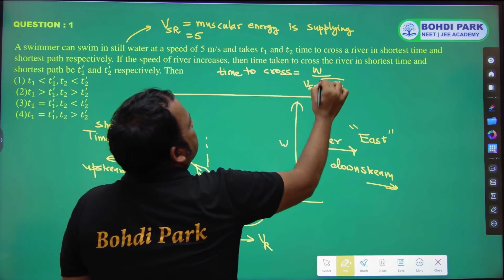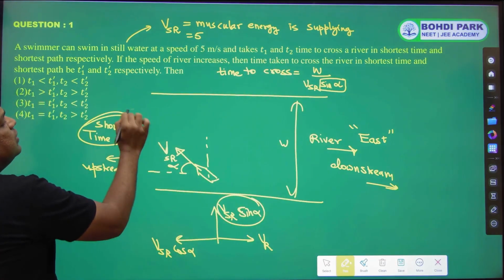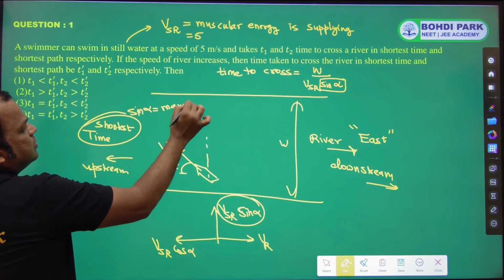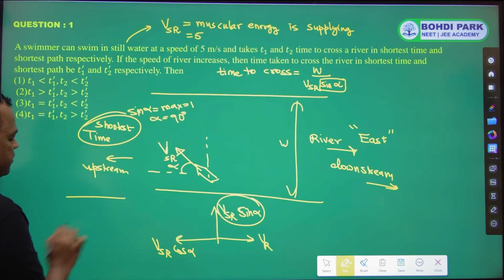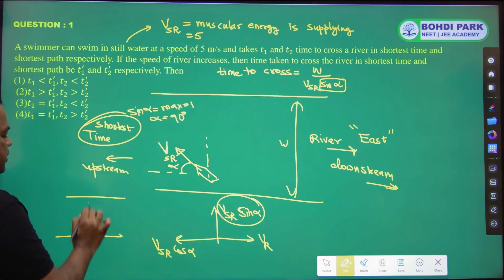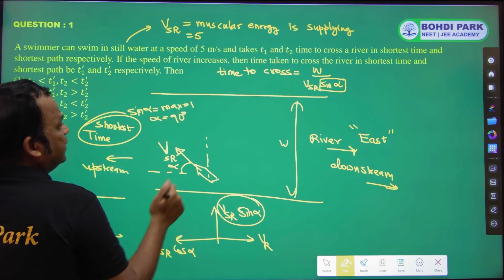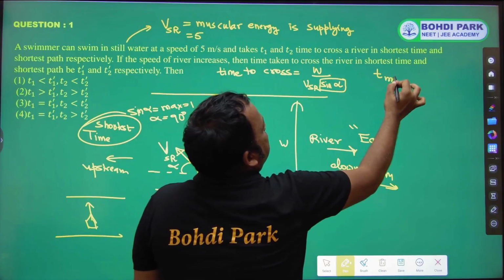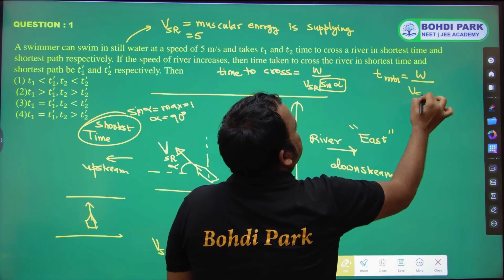If time is shortest, sin alpha should be a maximum, that is 1, so alpha is 90 degrees. Basically the boat should point perpendicular to river. So the minimum time or shortest time will be W by VSR.